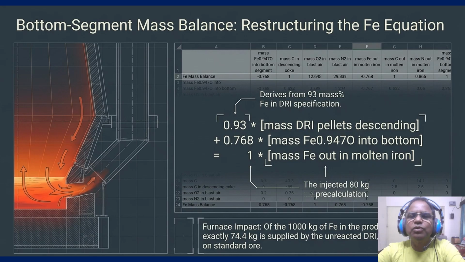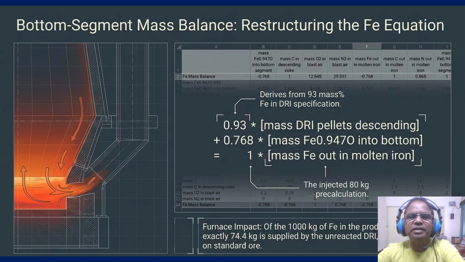Notice the arrow pointing to the 0.93 coefficient, that is our 93% Fe specification. The operational impact here is profound. Of your 1000 kilograms of hot metal iron, exactly 74.4 kilograms is now supplied by the unreacted DRI.